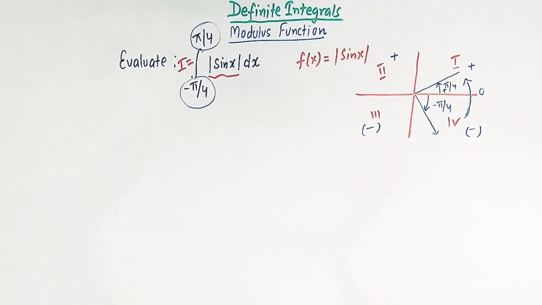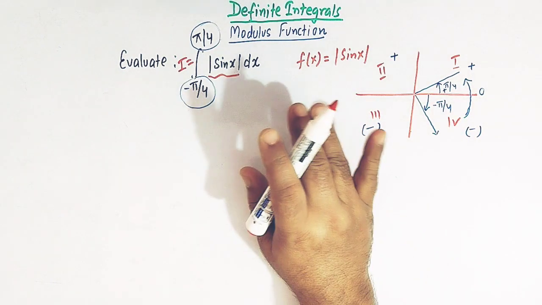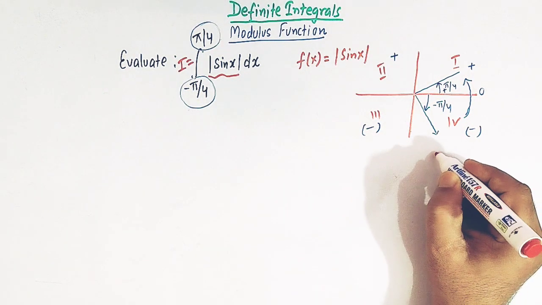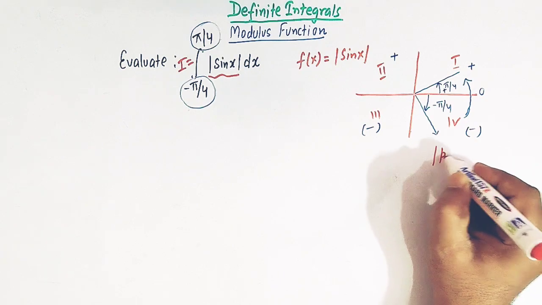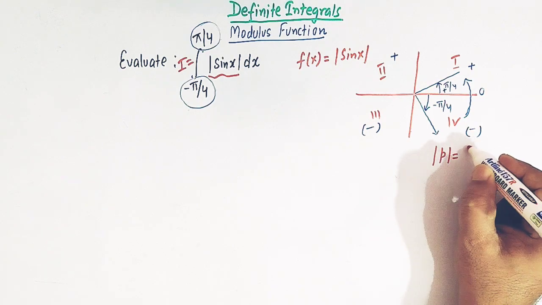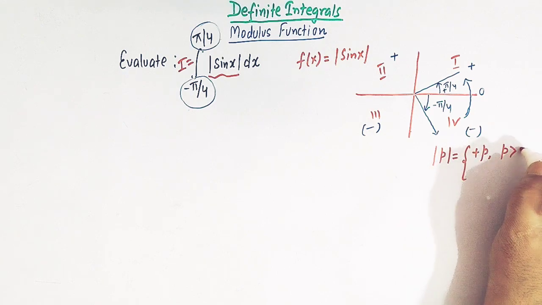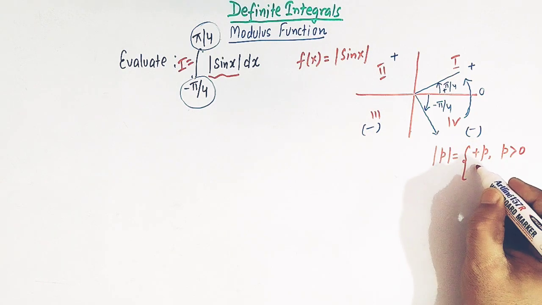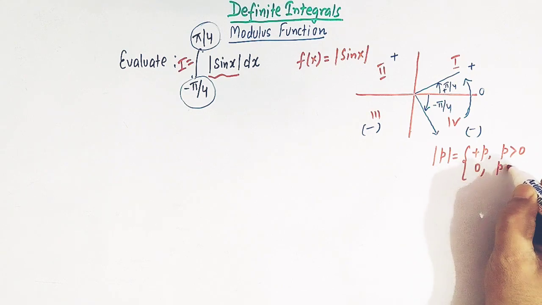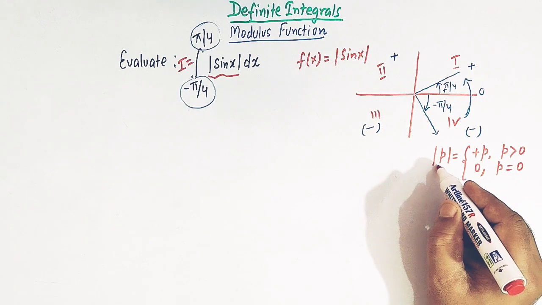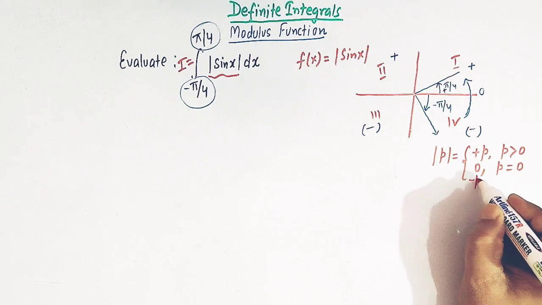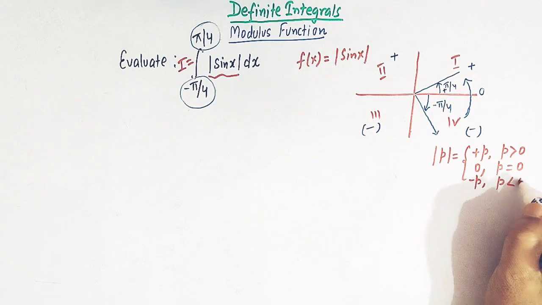By the definition of the mod function, mod of p is p whenever p is greater than 0, mod of p is 0 when p is equal to 0, and mod of p is negative p when p is less than 0.